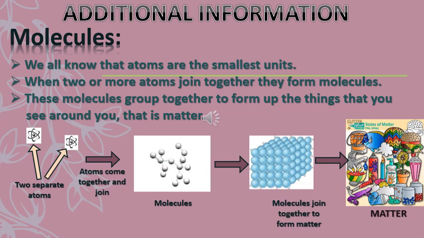As you can see in the flow chart, two separate atoms, when they join, form a molecule, and when some molecules group together, they form matter, and that matter is what we see around us.